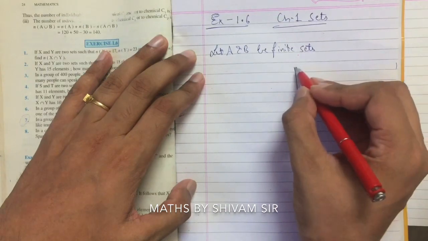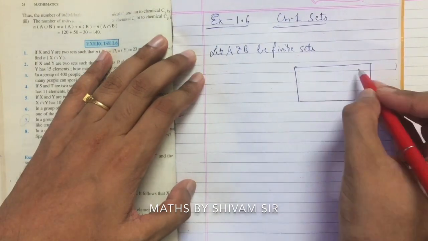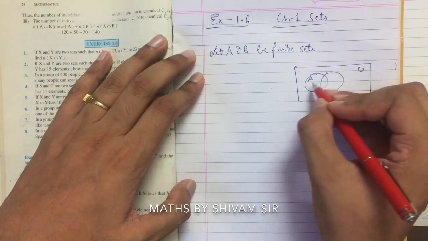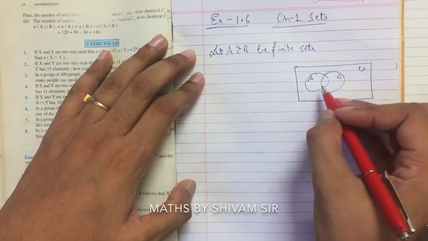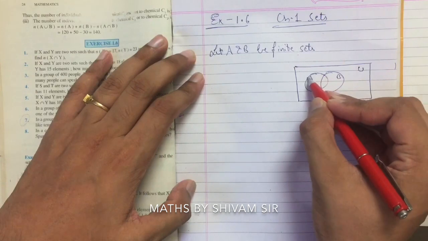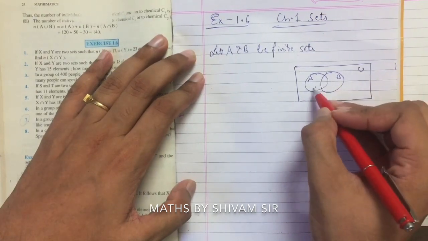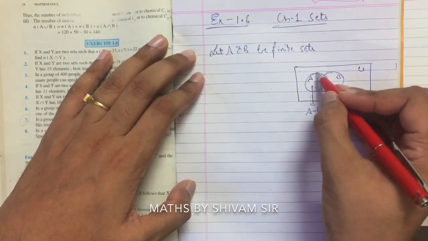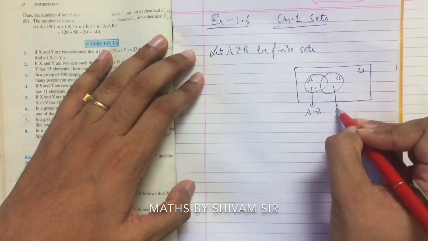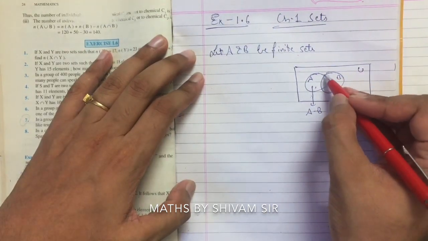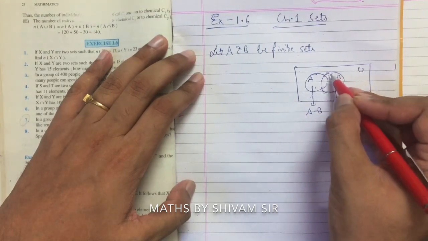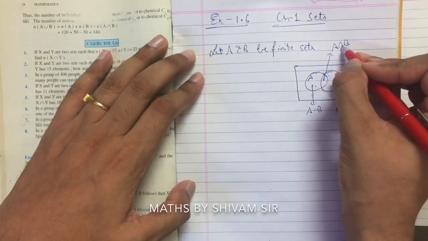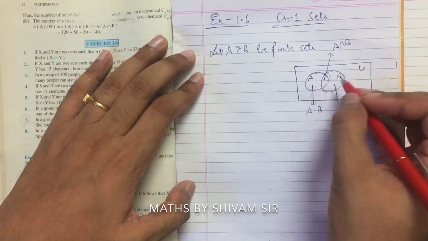Using a Venn diagram, let this be set A and this be set B. The portion only on the A side is A minus B, those elements which are not in B. This portion is B minus A. The common part is A intersection B, and this whole part is A union B.